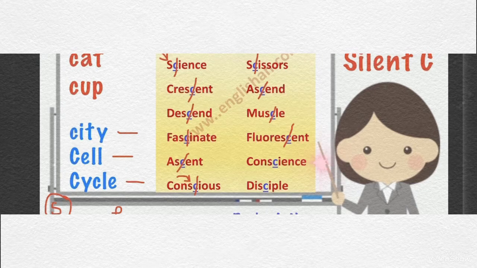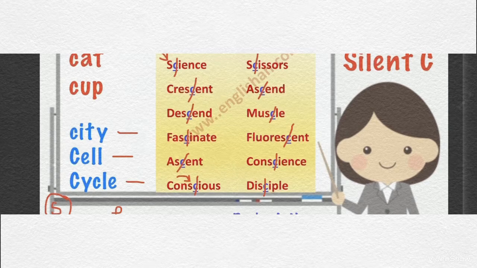Again, I will not read letter C here. I will get rid of it and I will read the word without letter C, conscience. And here the word discipline, again without letter C.